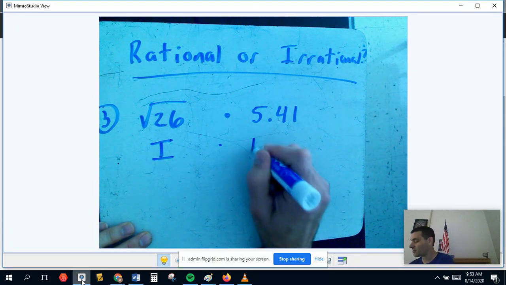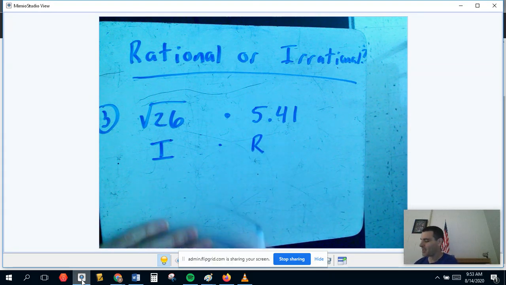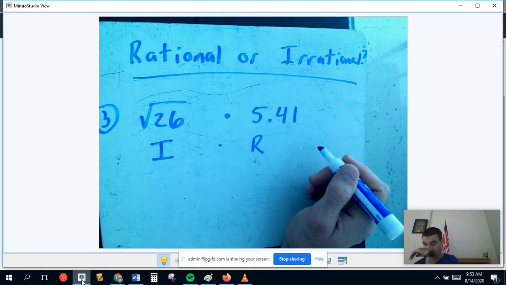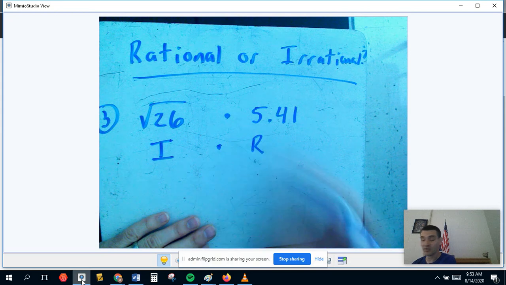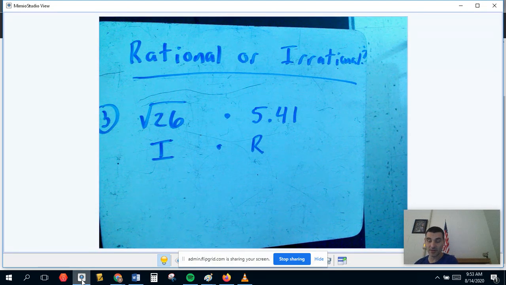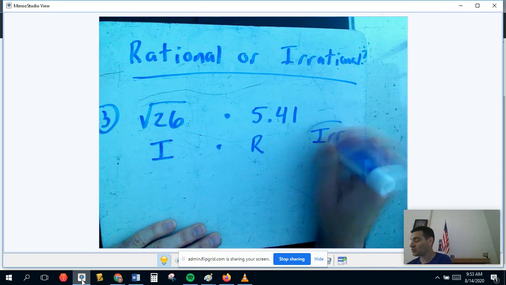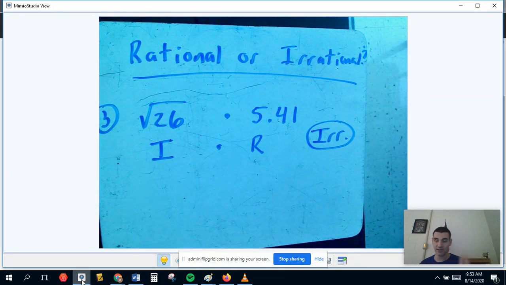Okay, so it's rational. Terminates, remember, just means stops. But irrational and rational, this is not zero. That's the only thing you have to watch out for. Irrational times rational, the thing is to think, well, if there's an irrational involved, the answer is probably going to be irrational. If it's just rational, then the answer is going to be rational. But if there's an irrational involved, the answer is going to be irrational.